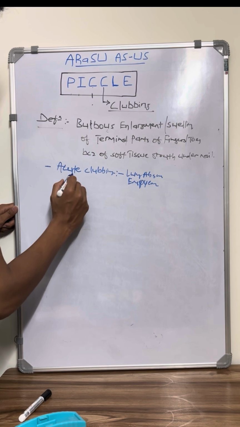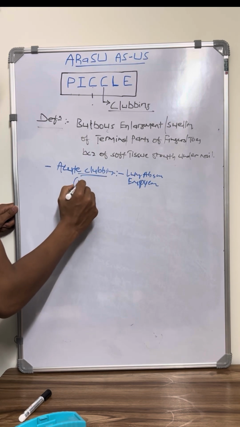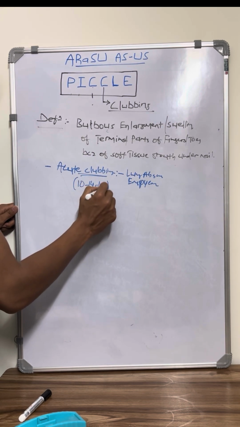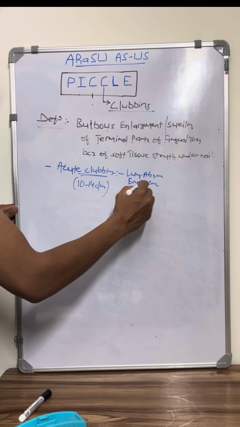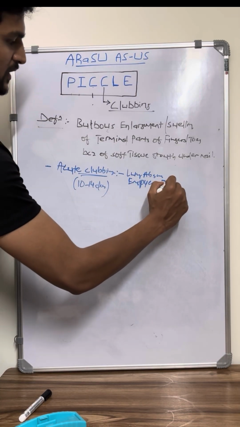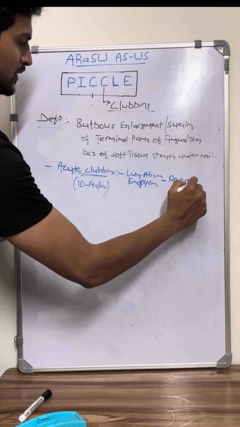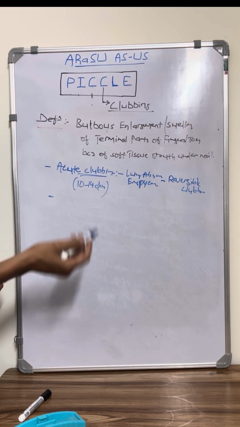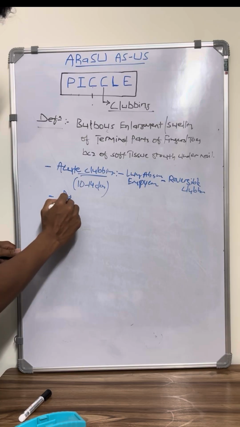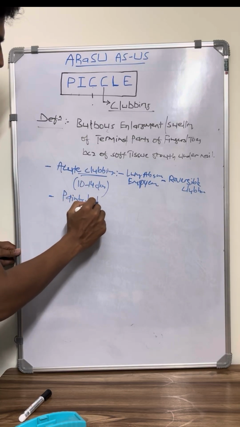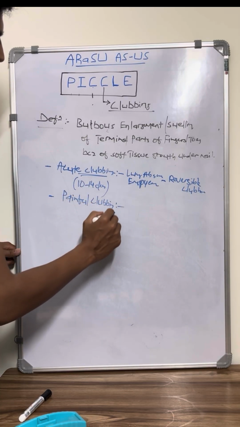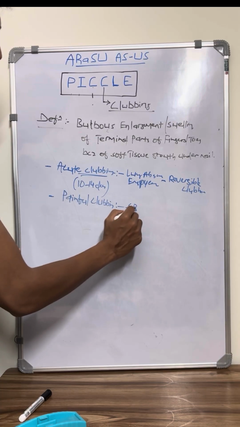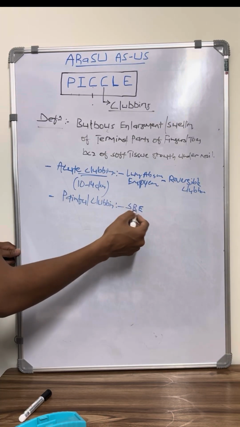In these situations there will be development of clubbing over just 10 to 14 days, and these are the conditions we can consider as causes of reversible clubbing. Then what are the conditions which will cause painful clubbing. Here we can list subacute bacterial endocarditis causing painful clubbing.